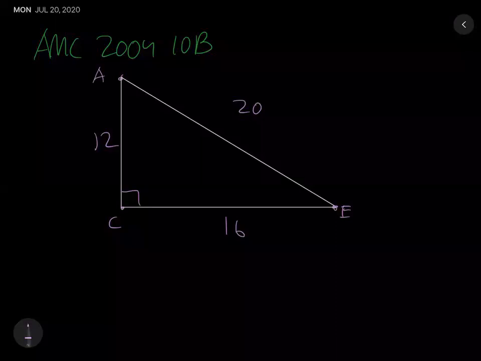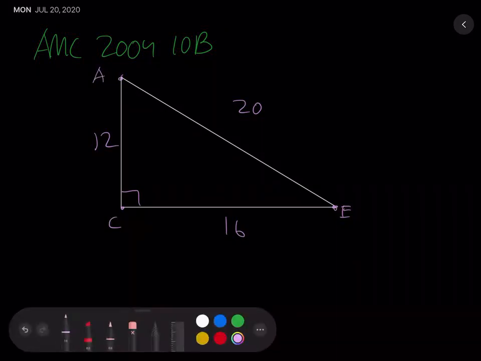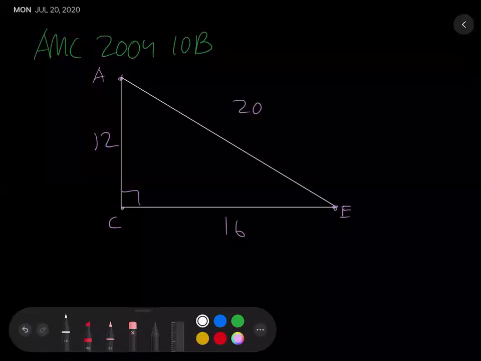So the rest of the problem goes, points B, D, and F are located on AC, CE, and EA, respectively, such that AB is 3, CD is 4, and EF is equal to 5. That was a lot of words, but let's find out a way to describe that. Point B is somewhere on AC. So let's just say it's right here.